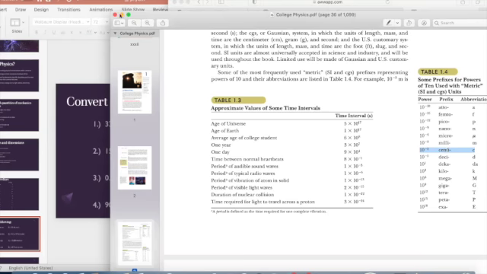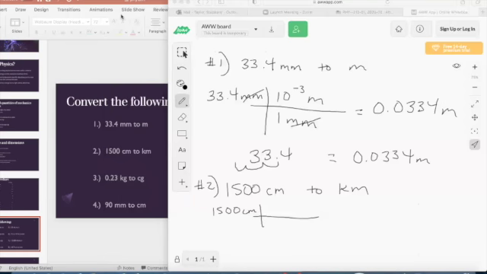So let's go back. All right, so 1 centimeter is equal to 10 to the minus second meters. All right, but we're not stopping at meters. Okay, we're going to kilometers. So we need to add that conversion in here.